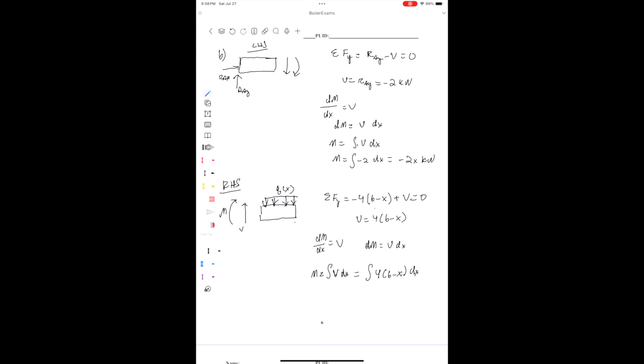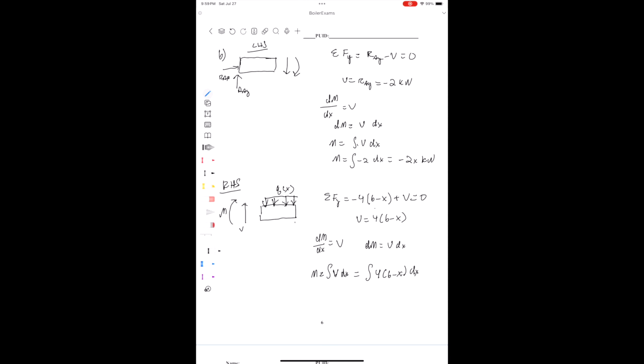We can't separate this out. Normally my first instinct when doing an integration like this is I would distribute this 4 out, or just pull it out of the equation entirely. But this whole thing has to be treated as a unit in our equation if we're doing it this way. You can't separate this 6 minus x. This is like one thing.